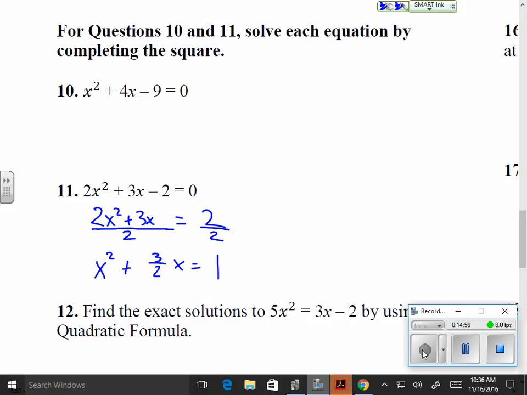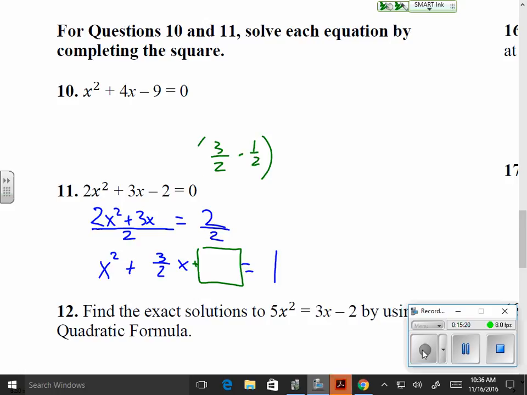So then the amount that I need to add to this, to make this a perfect square, needs to be 3/2 cut in half and squared.